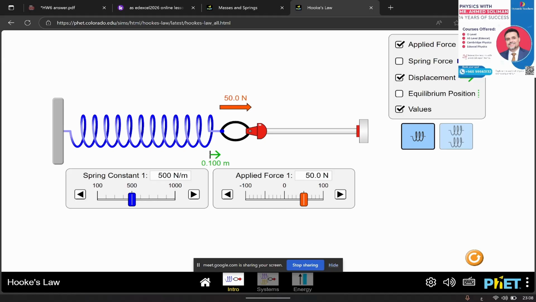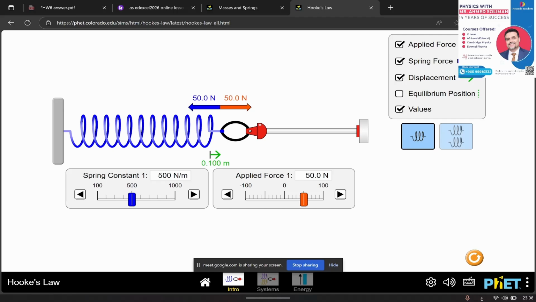Habiba, what is the resultant force equal? Is this 50? Do you agree? No, but I'm not sure. If no, what is the resultant force equal? I'm not sure.